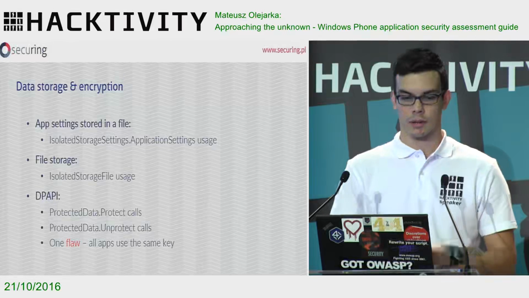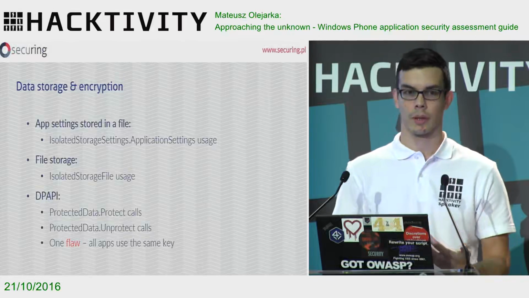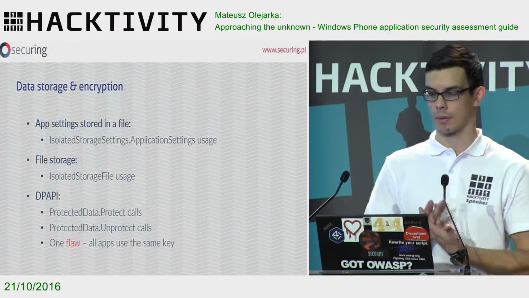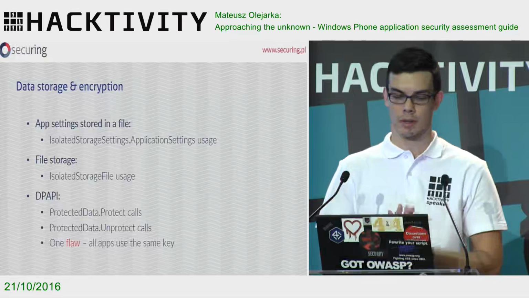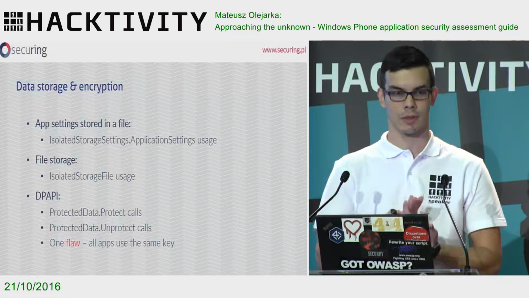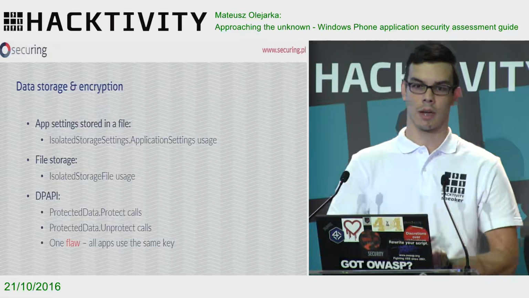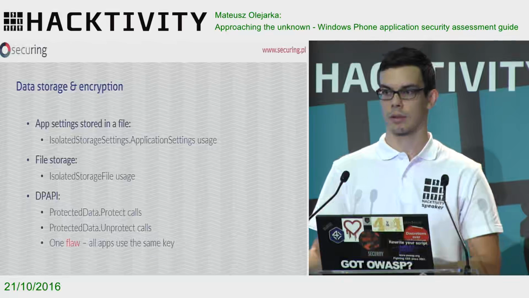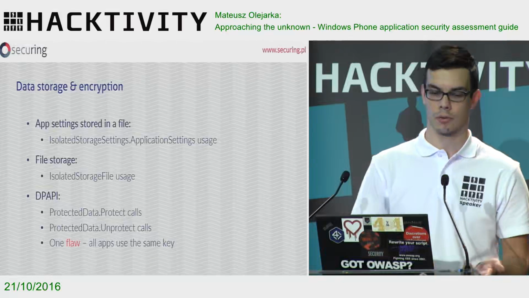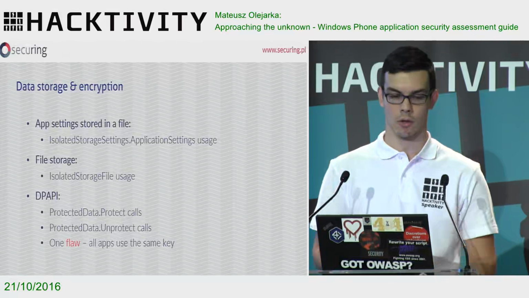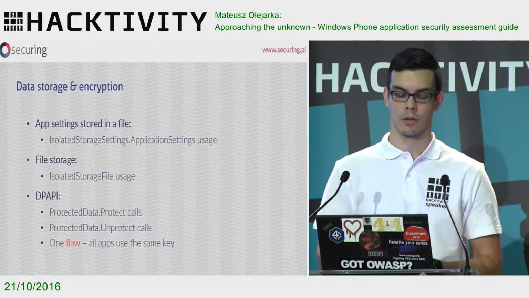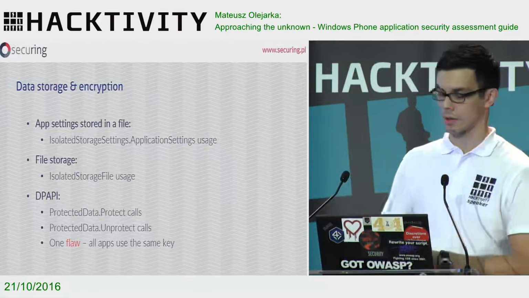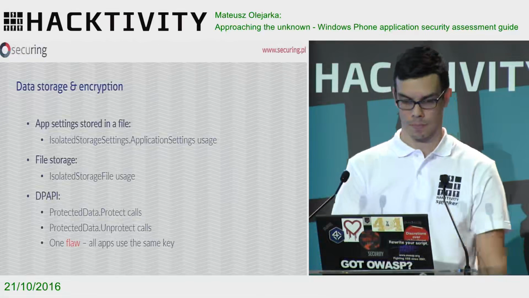One flaw is here that all applications, because the key used for encryption here is derived from user passwords and few things from the phone, basically all applications end up with the same key. So if someone will manage to, for example, you can always extract the key from the device itself. But if the attacker will manage to install the application and somehow get access to your data, he could happily decrypt that. But still, it's better than write some hard-coded keys.